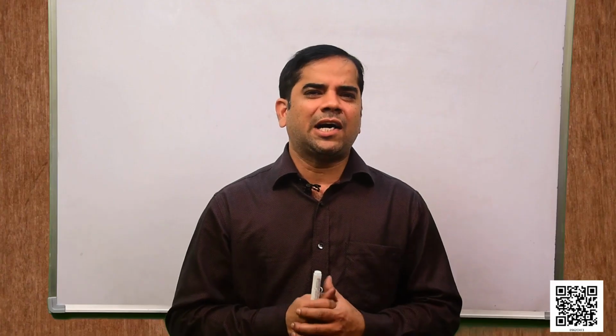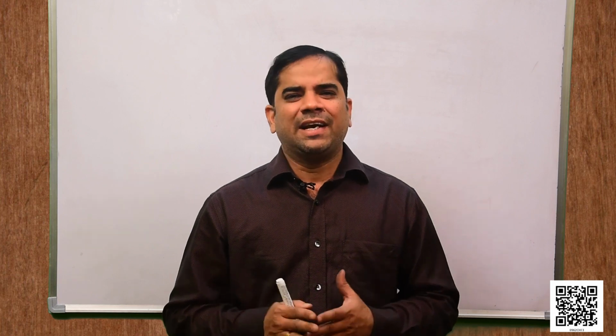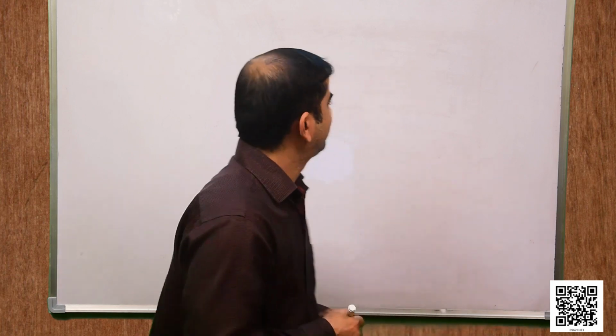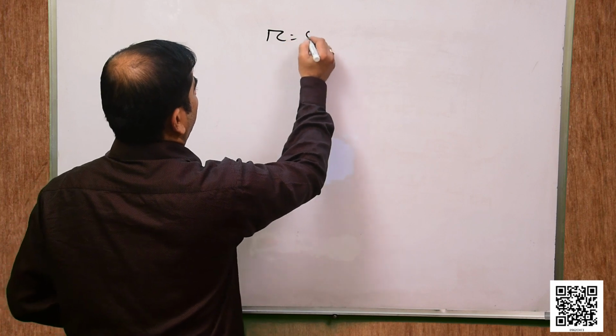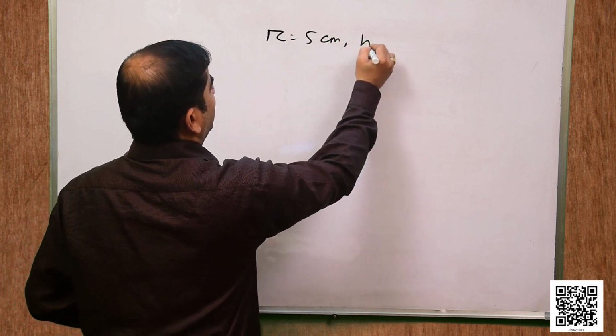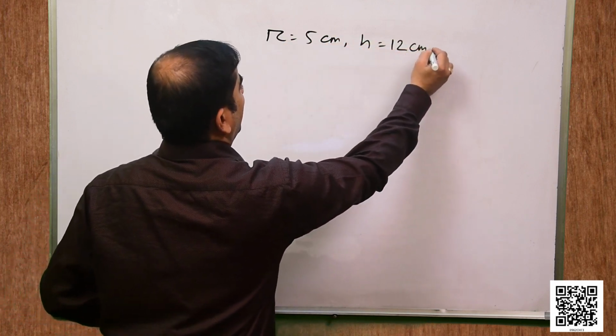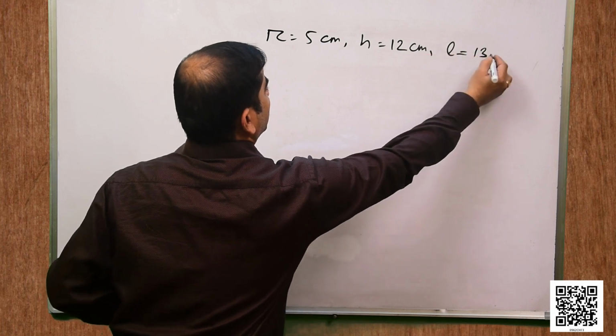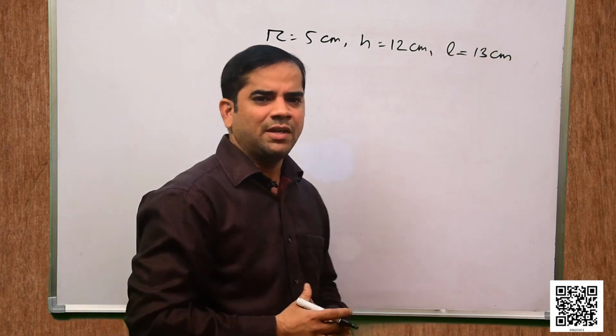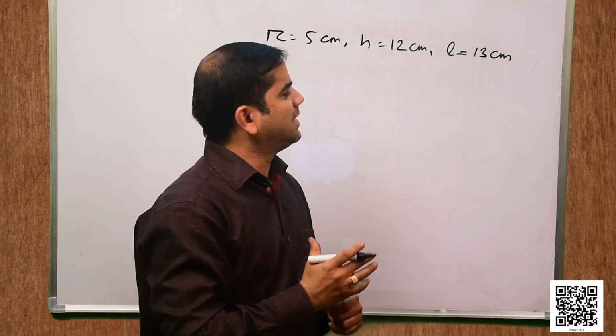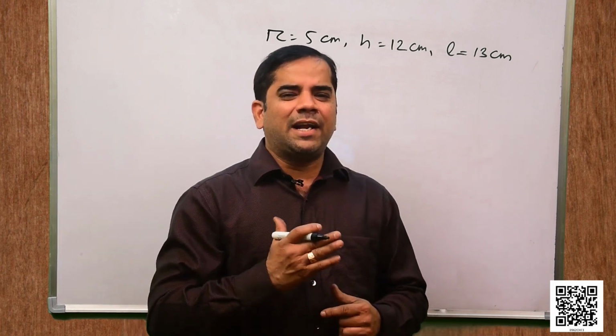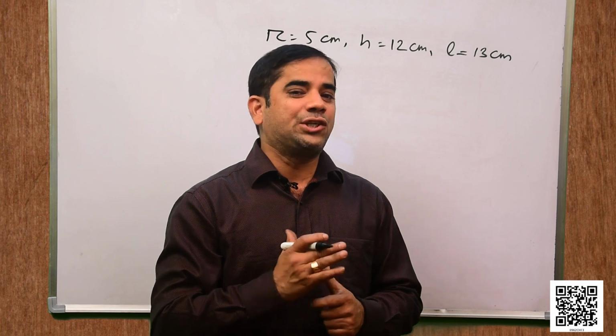So, students, as per the given data, here radius is 5 centimeter, fine. So, radius is 5 centimeter, height is 12 centimeter and slant height is 13 centimeter. So, in this case, let us find the volume. In a later stage, we are going to find the ratio.